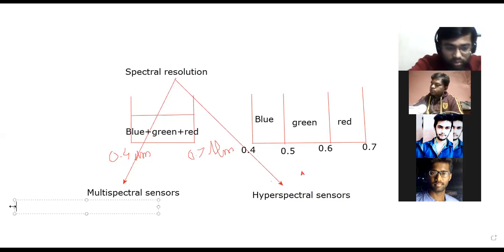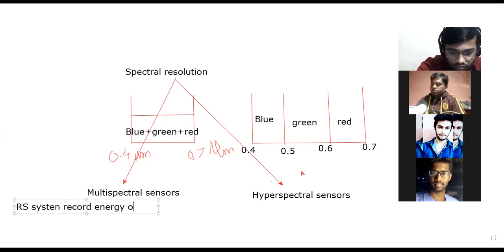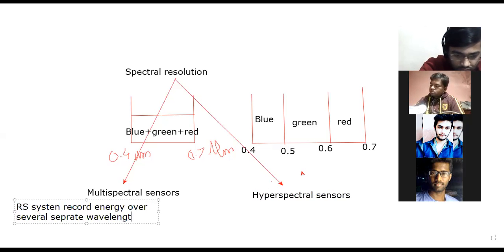Here, a remote sensing system, RS for remote sensing, records energy over several separate wavelength ranges at various spectral resolution.